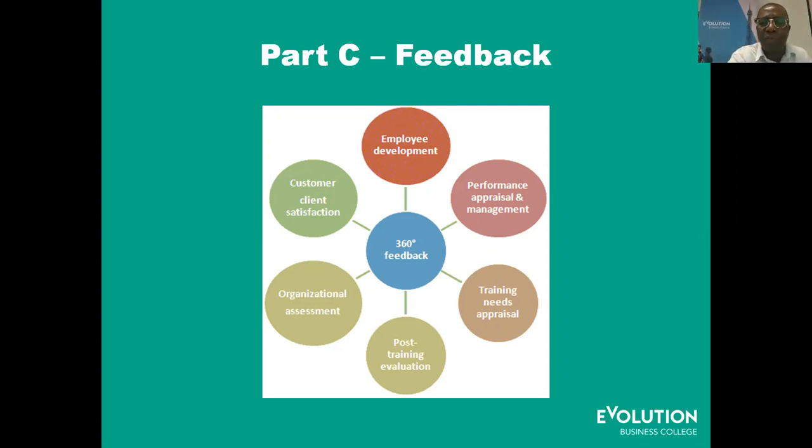That will give you feedback, as well as knowing and understanding how the part of diversity that is included in the policy involves and impacts your performance. Training needs appraisals, post-training evaluation. So it could be that diversity training that we need to tick off, diversity training that we need to evaluate to find out if the people really understood.